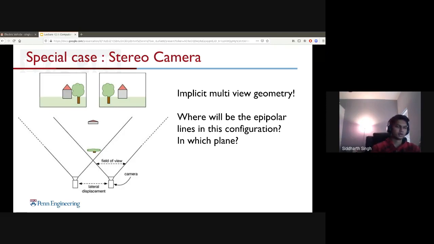And the basic idea for anyone else who does not have an idea about it is simple: two cameras put together at a certain lateral displacement, and they're looking at things from two different views. That's all the basic idea that you need. Instead of one camera, there are two different cameras, which gives us the multi-view geometry. So where will be the epipolar lines in this configuration and in which plane?